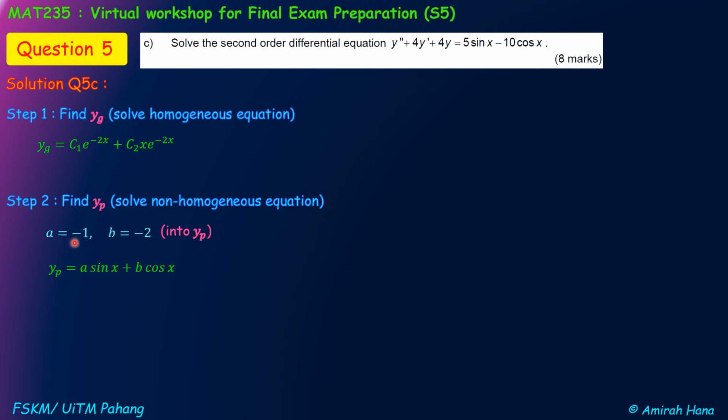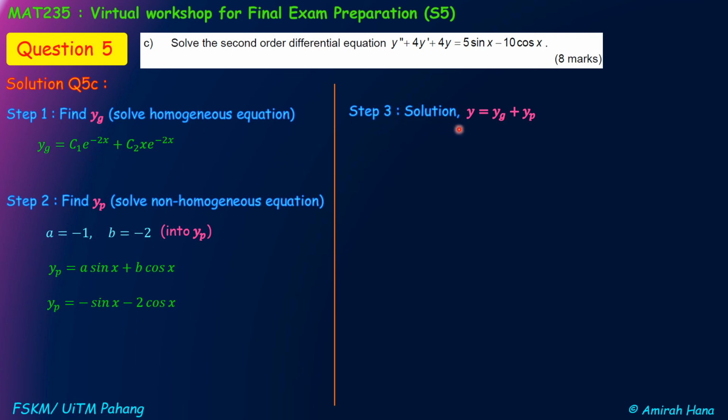So after we substitute the values of A and B, we get yp equals negative sin x minus 2 cos x. This is our yp. So at this point, we are done with step 2. Next, we continue with step 3.